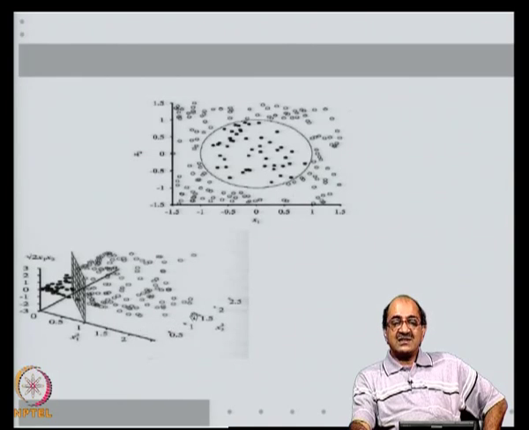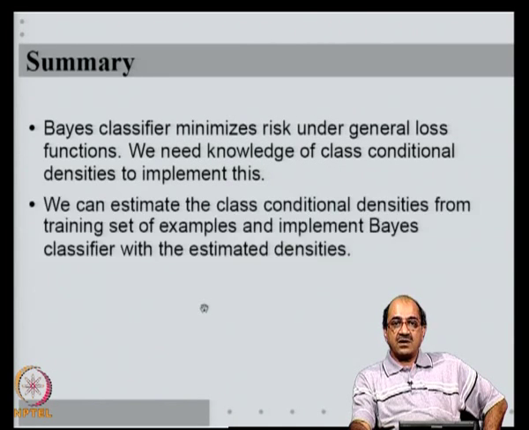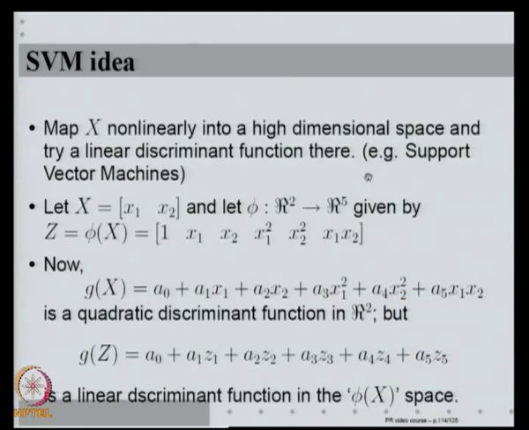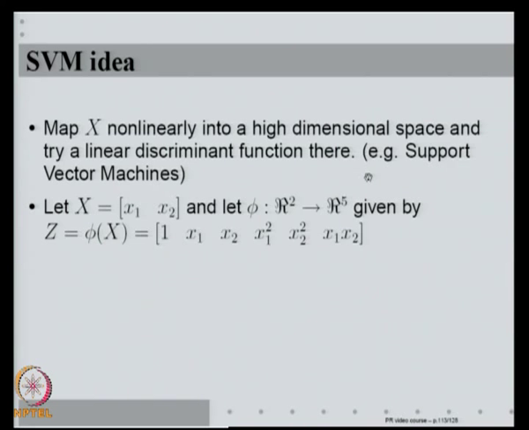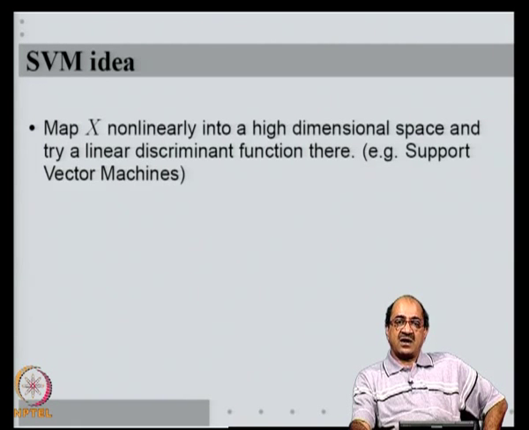So, this is the basic idea of SVM. You map x nonlinearly into a high dimensional space and try a linear discriminant function there. These are the three ideas that we use to learn nonlinear classifiers.